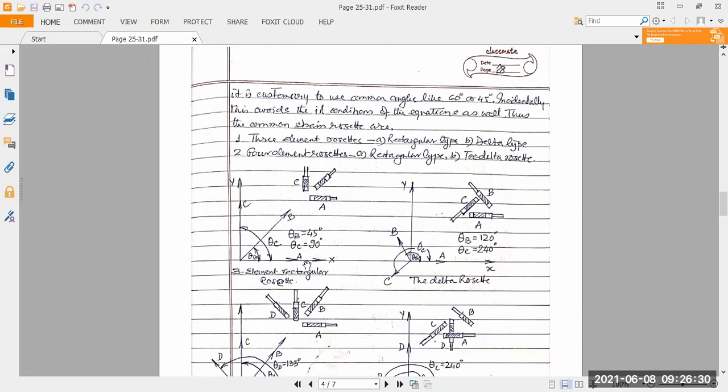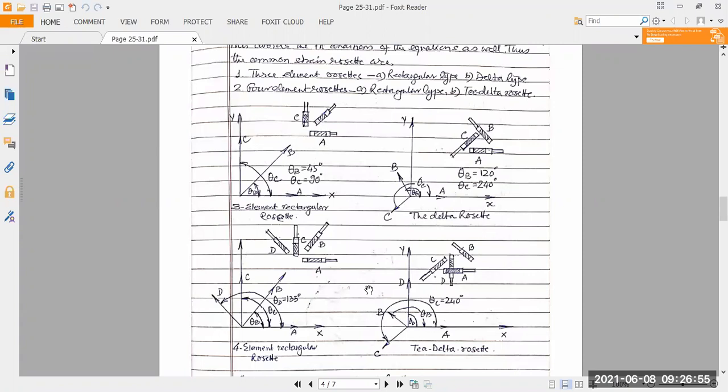So OA is along the x-axis and OC is along the y-axis, and theta C, the in-between angle between OY and OX, is equal to 90 degrees, and theta B, the in-between angle between B and A, is 45 degrees. This is the three element rectangular rosette itself.